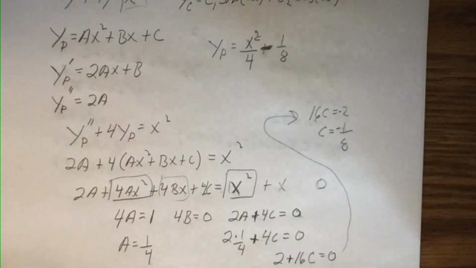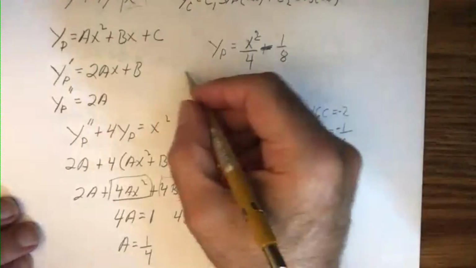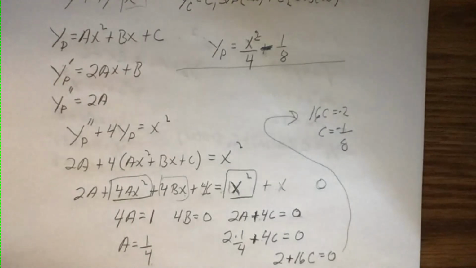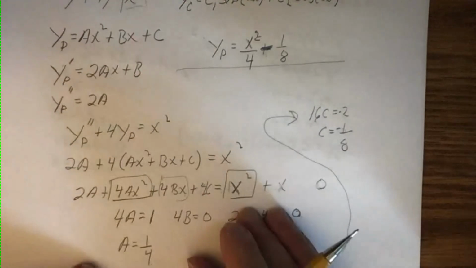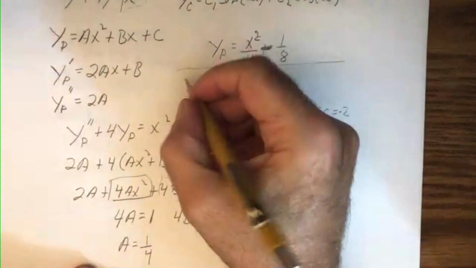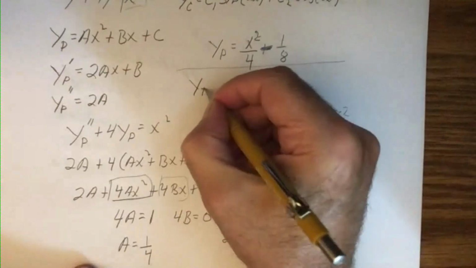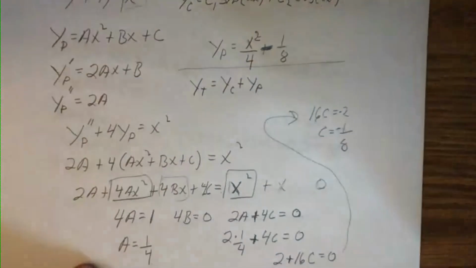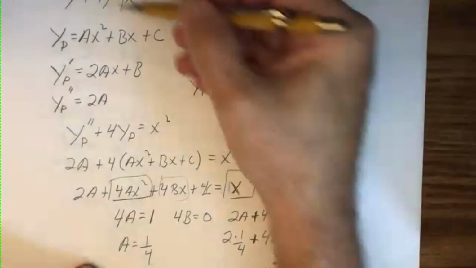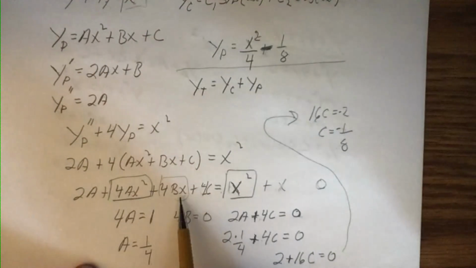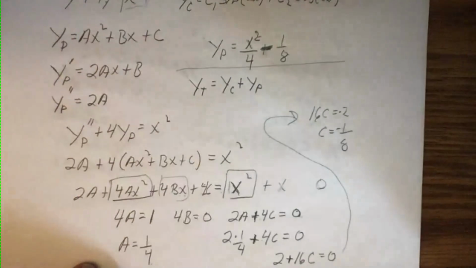So the total solution, let me put it down here. The total solution is going to be the complementary solution plus the particular solution. And you could check: if you take the derivative of this and put it back in here, you better get x squared on both sides.